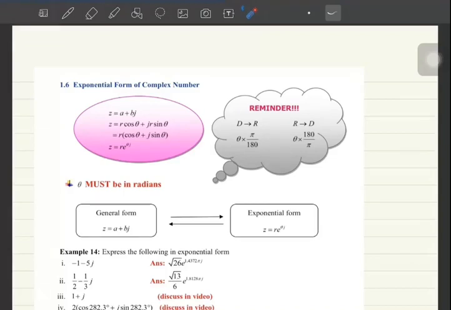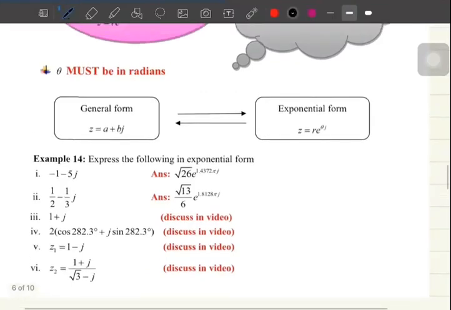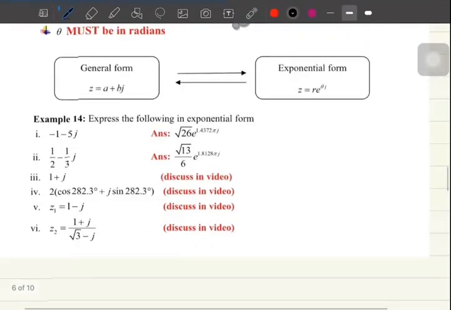Okay, so kalau nak tukar daripada degree ke radian, so darabkan dengan pi per 180. Kalau daripada radian ke degree, so darabkan dengan 180 over pi. You should know daripada general form, macam mana nak tukarkan daripada general form ke exponential form ataupun daripada polar form ke exponential form. So sekarang ni dah ada 3.